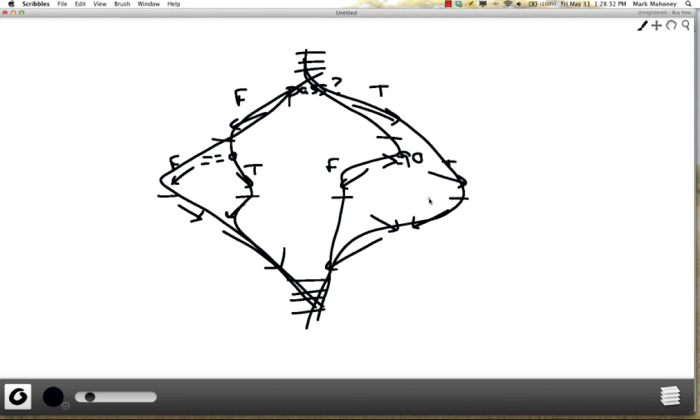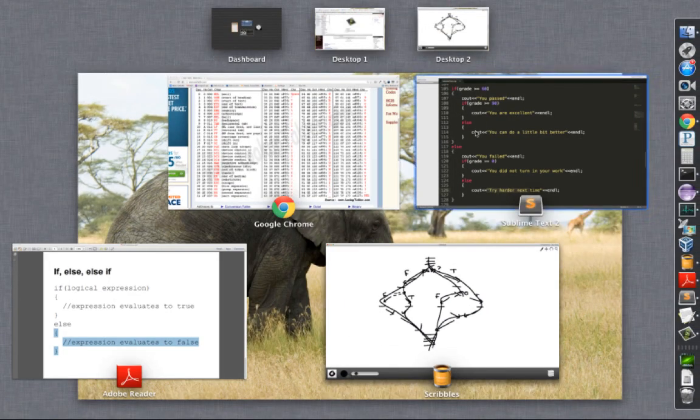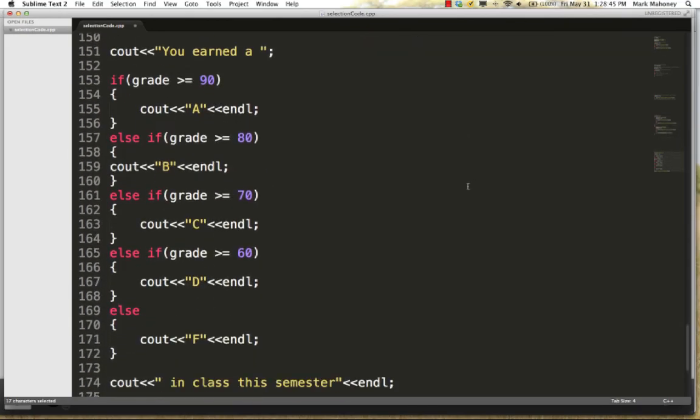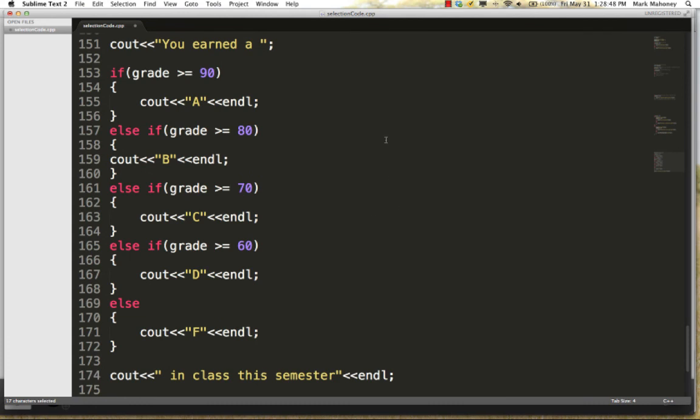Typically, an if allows you to go down one of 2 paths. If you want to select from more than 2 branches, you can with this thing called an if-else-if test. Okay, so the syntax is very similar. This bit of code is going to choose from one of 5 different paths.